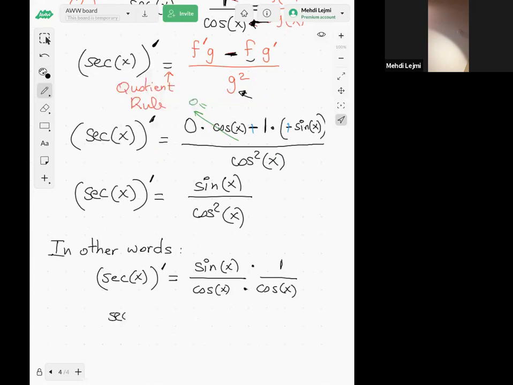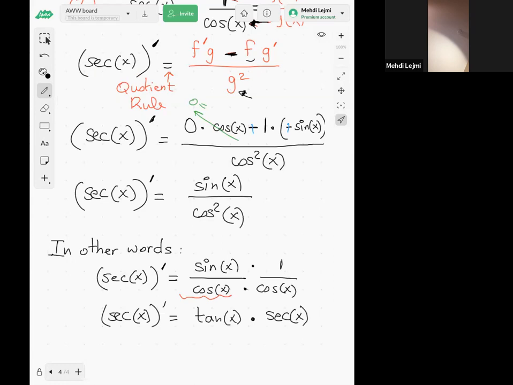So the derivative of secant of x is actually tangent times 1 over cosine, and 1 over cosine is secant of x. That's the definition of secant of x.